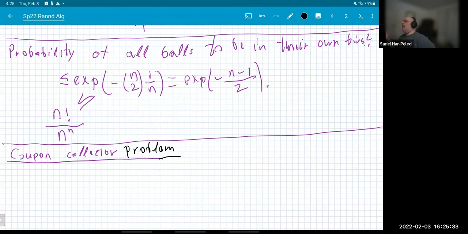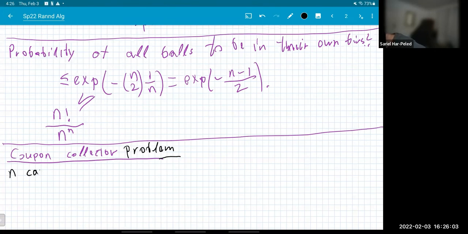So think about collecting things like cards. Like in the US, I think it was baseball players. The idea is that you can buy a card, but you don't know which card you buy. There are all the players in the league, so let's say there are N players or N cards.